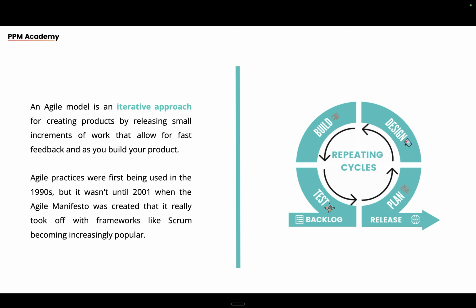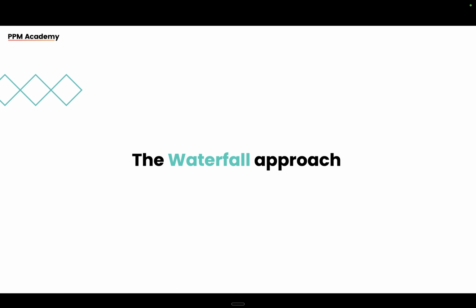And I'm not covering that today, but you can just Google that to see more detail on that. And it really took off with frameworks like Scrum, just getting more and more popular. And I'm sure you've probably heard of Scrum today. If you haven't, quick Google and it's everywhere. It's very, very popular. Right, let's just go down into a bit more detail on the waterfall approach first.